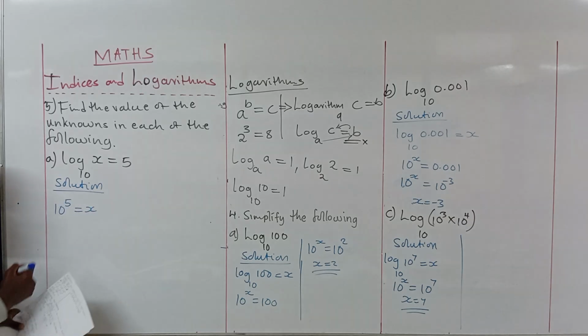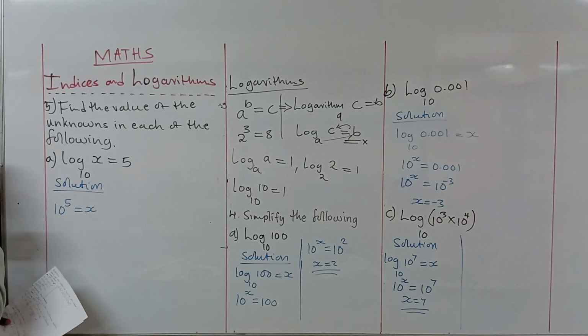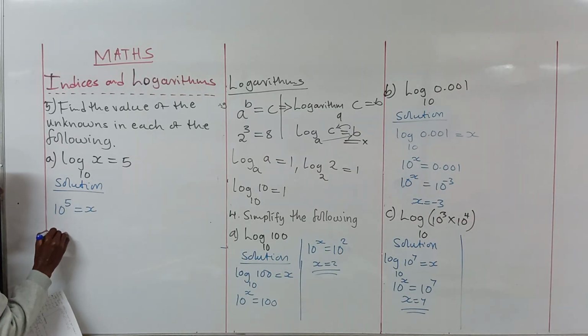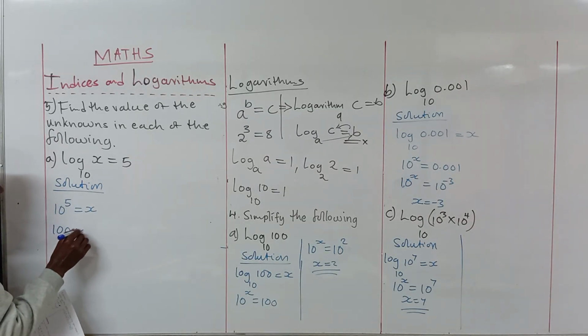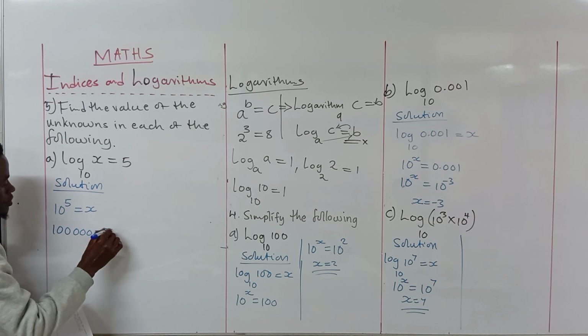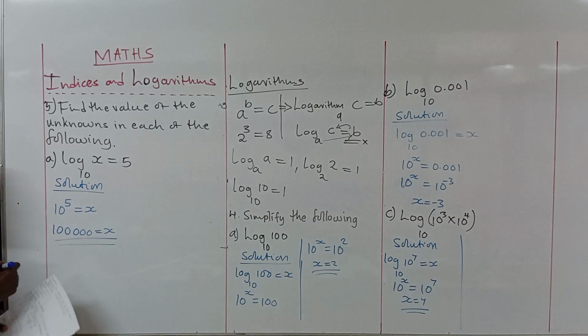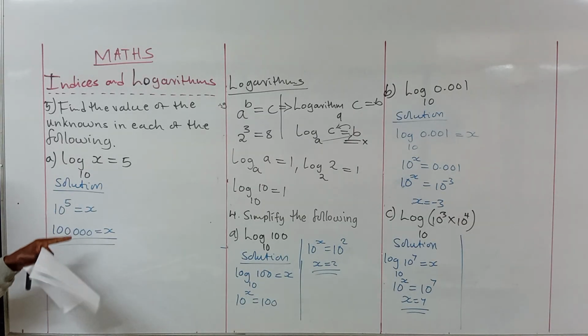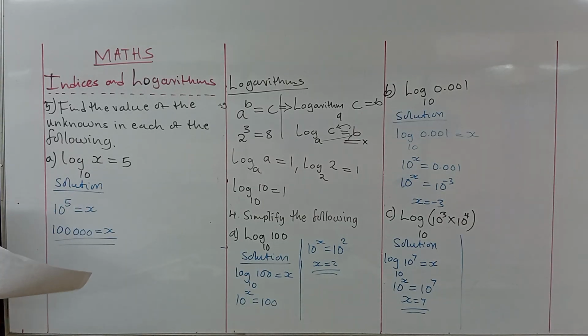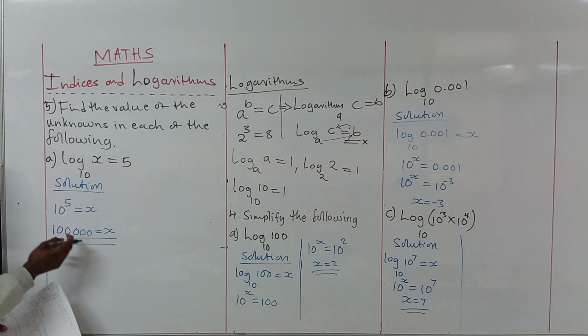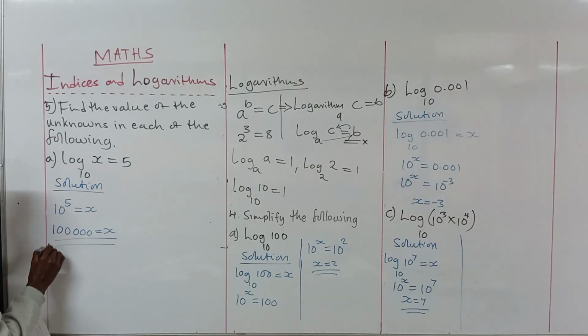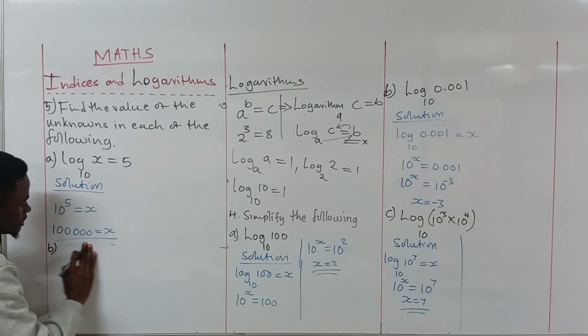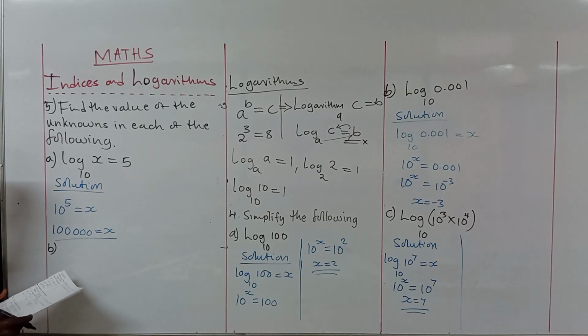So what is 10 raised to power 5? 10 raised to power 5 is the same as 100,000, which is equal to x. And we are done with our question. So the value of x is 100,000. We go to the second part.